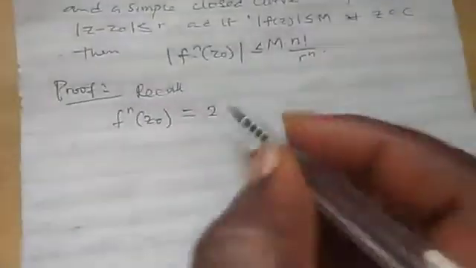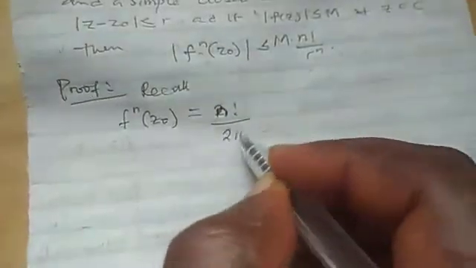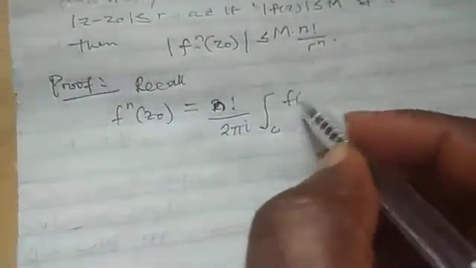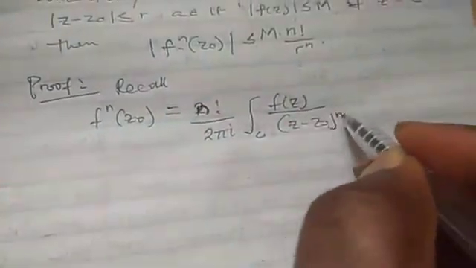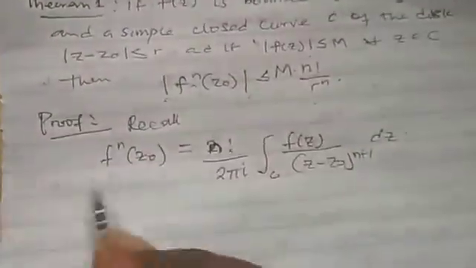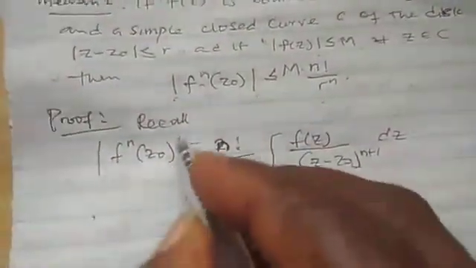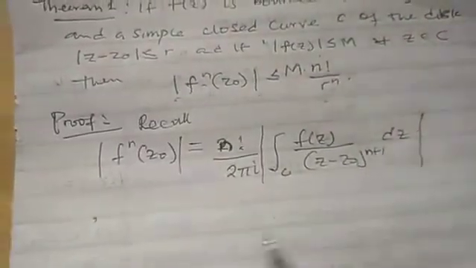So you will now see that f^(m) of z naught is m factorial over 2 pi i into the integral over C of f of z over z minus z naught raised to power m plus 1 dz. Now, you see that there's an absolute value here, so we take absolute value of both sides.